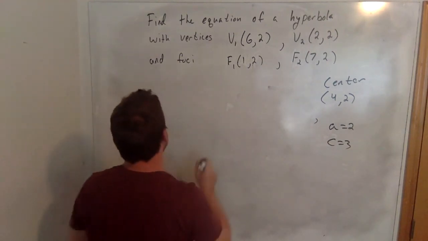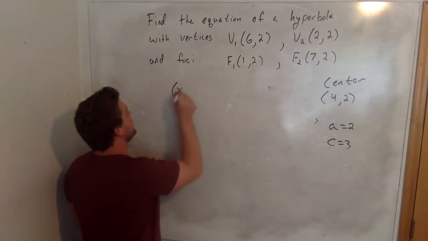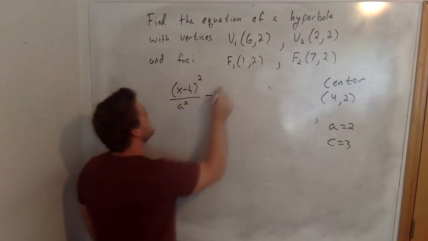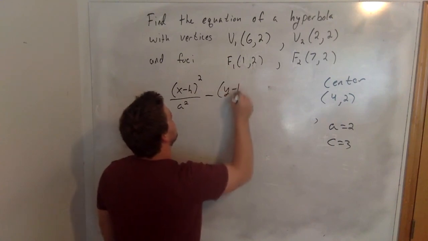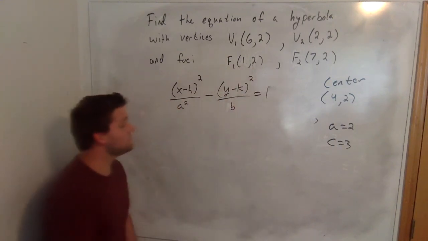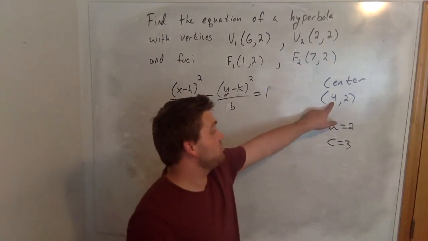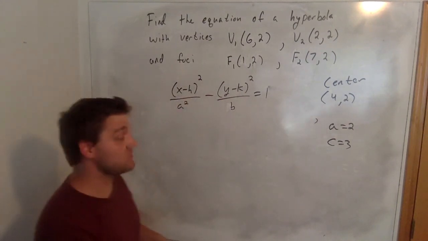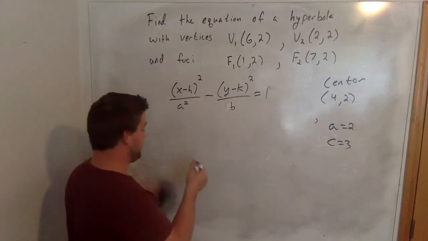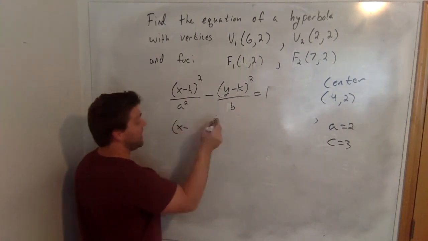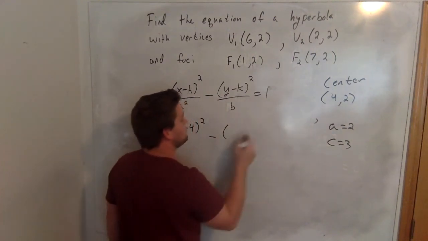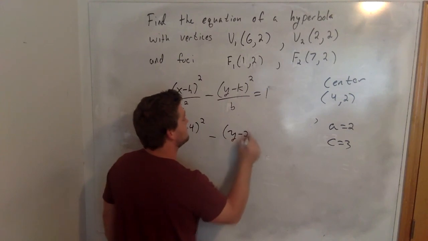Since it's opening left and right, we should have (x minus h) squared over a squared minus (y minus k) squared over b squared equal to 1. The center will be our h and k, or you could think that we are shifting it to the right 4 units, so we have x minus 4, and up 2 units, so we have y minus 2 squared.